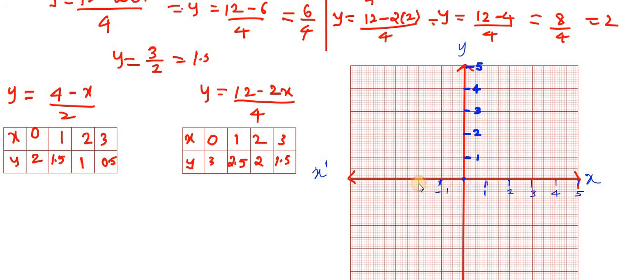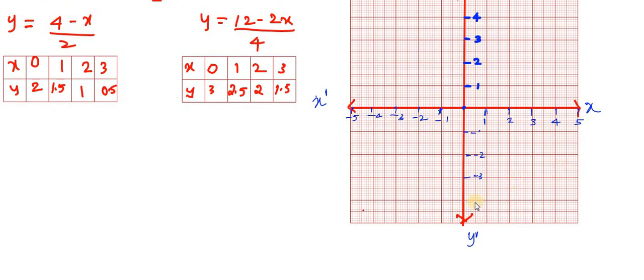Minus 1, and here minus 2, minus 3, minus 4, minus 5, and even here also same, minus 1, minus 2, minus 3, then minus 4 and minus 5.